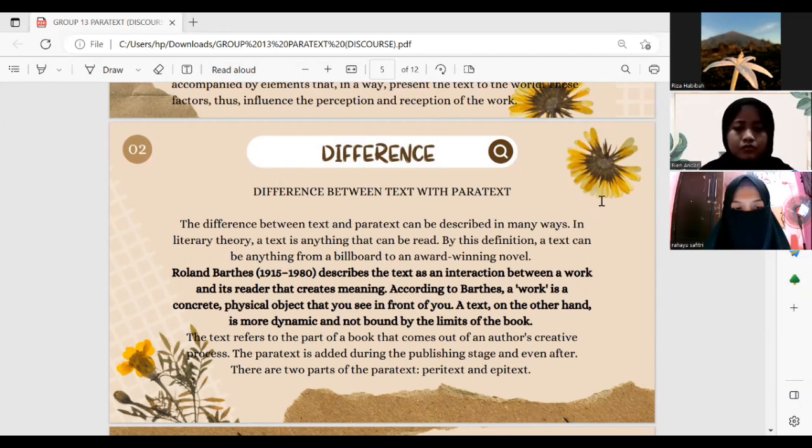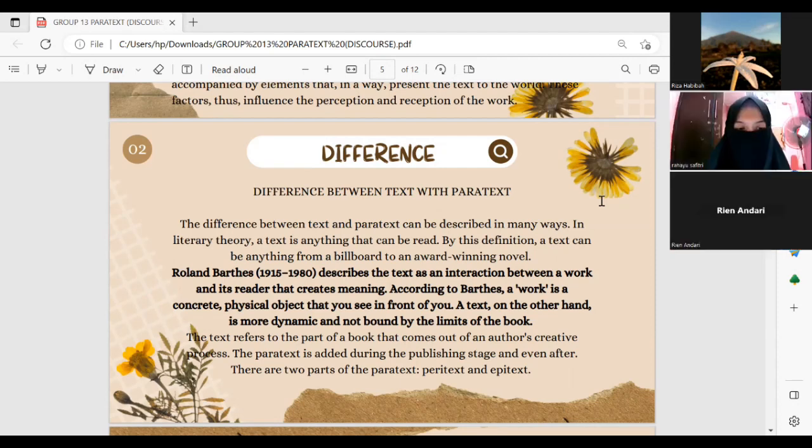Roland Barthes described the text as an interaction between a work and its reader that creates meaning. According to Barthes, a work is a concrete, physical object that you can see in front of you. A text, on the other hand, is more dynamic and not bound by the limits of the book.